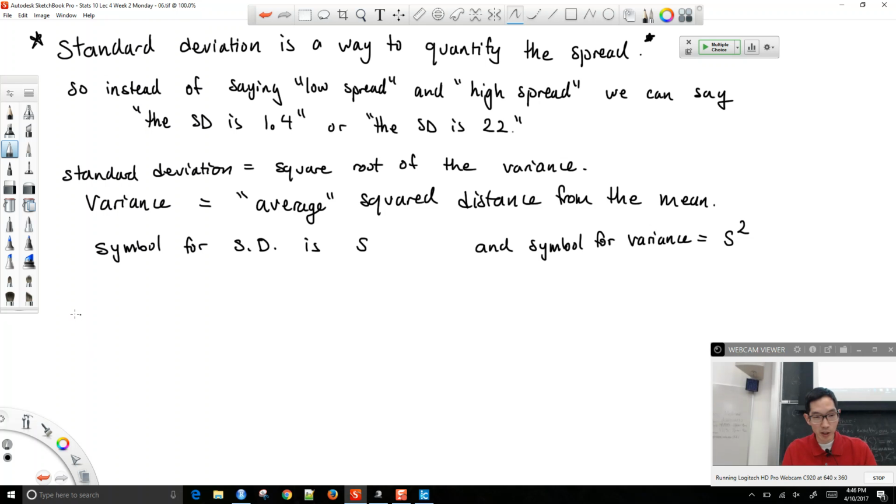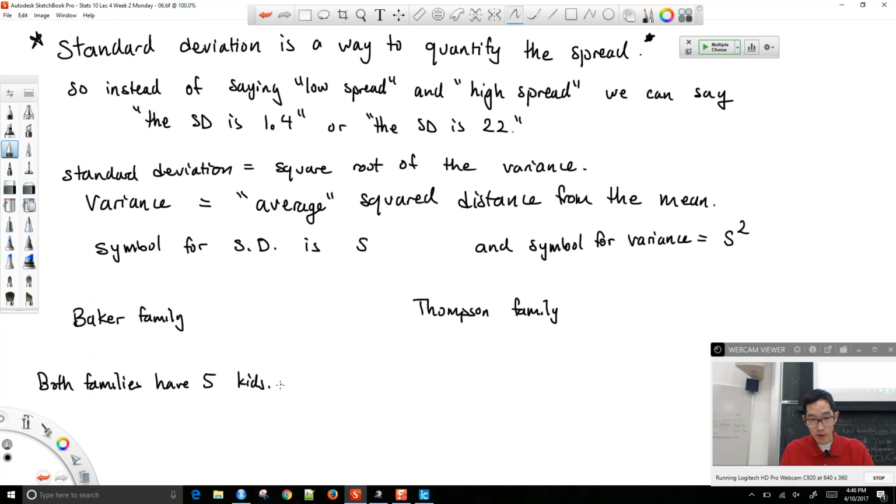All right, so let's just imagine two more families. We've got the Baker family, and we've got the Thompson family. Both families, we'll say, have 5 kids. The average age is 9, and the ages are symmetric.